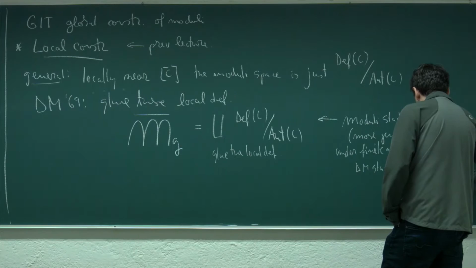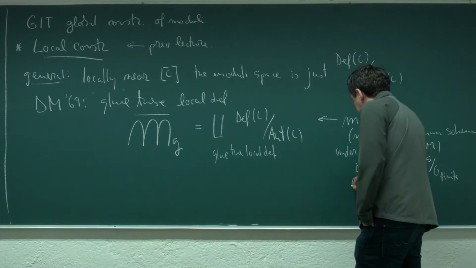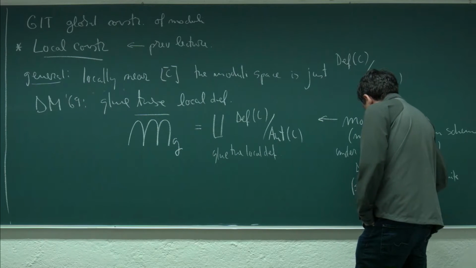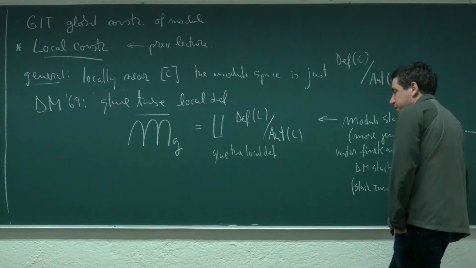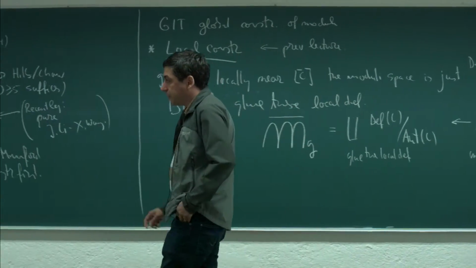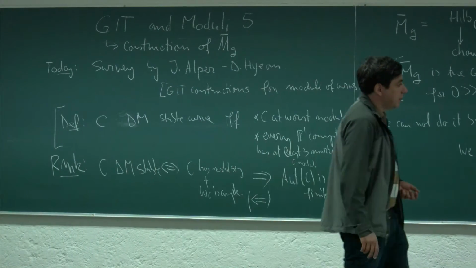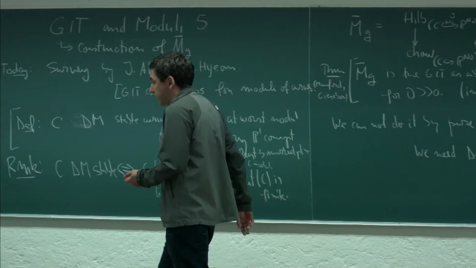I mean, S is not necessarily smooth, but the point is that the stack remembers the group. That's the main difference. I don't remember what they did in the time of Deligne-Mumford, but let me state the result.